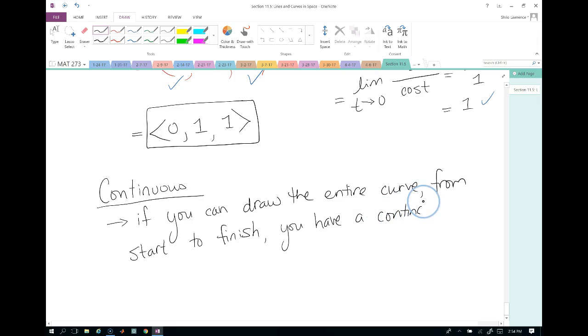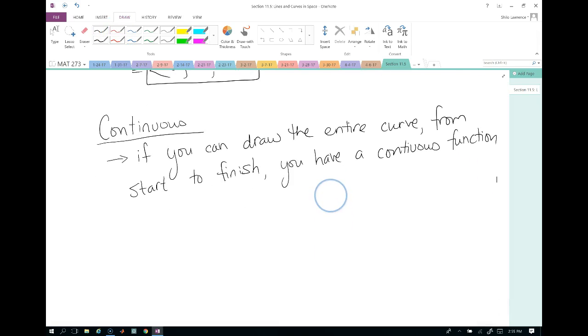So think back to algebra, or maybe calculus 1, of some different characteristics of our function that might require us to lift our pencil. What this means is our graph has no holes in it. It's got no asymptotes in it.